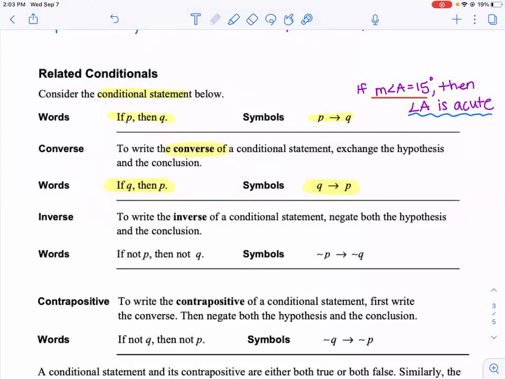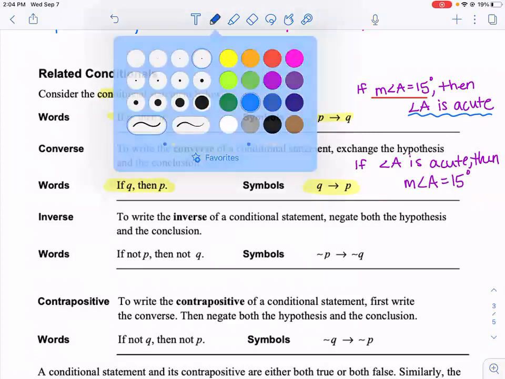Now, if I'm going to take this conditional statement and write the converse, we are going to write if Q, then P. If angle A is acute, then the measure of angle A is 15 degrees. We're not talking right now about whether they're true or false. We're just taking a statement and rewriting it. Now we took Q first and we took P second.